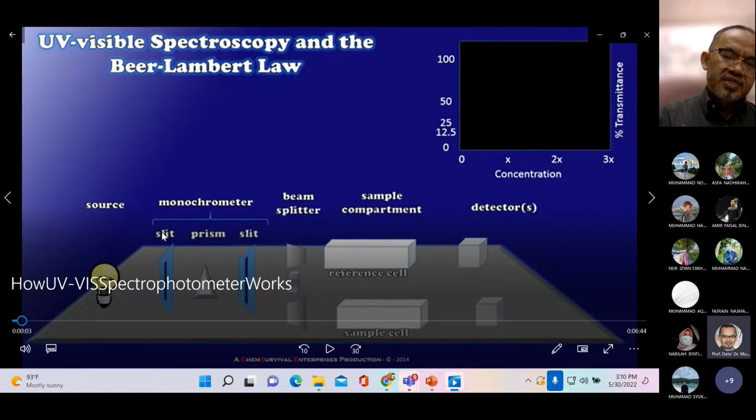So we have slit one, slit two, and the prism. And it's only these three components. So the question is, what is monochromator, and what's the relationship between monochromator and these three components, two slits and prism?